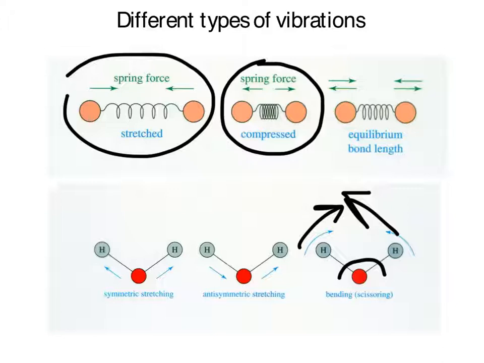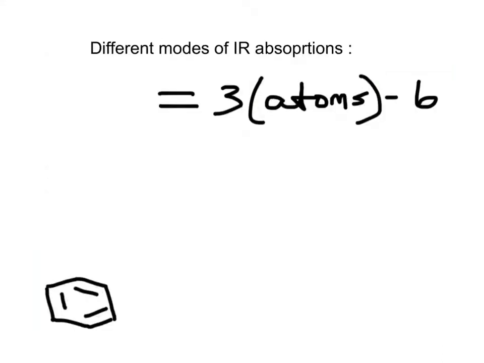So there's a variety of different vibrations associated with the chemical bond. And we see these different types of modes are unique to each bond.